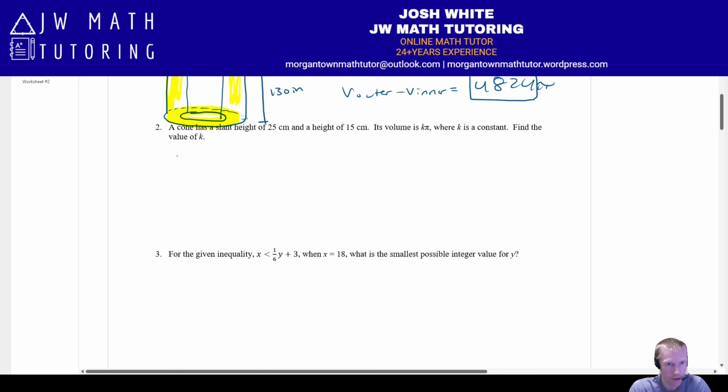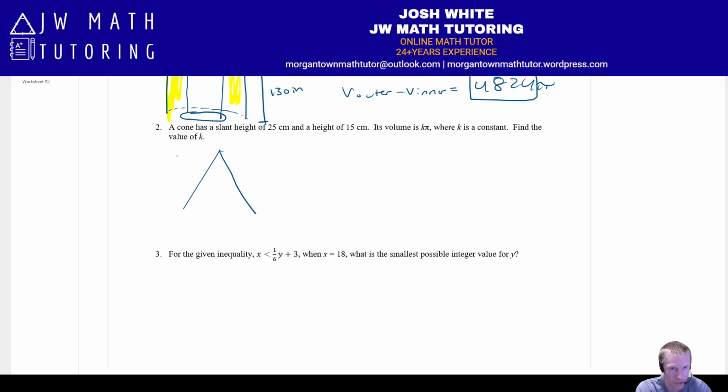All right, let's look at the next question. Here we have a cone. You're told its slant height, and you're also given its regular height. So just draw a basic picture here. We got the height coming down perpendicular, 15.